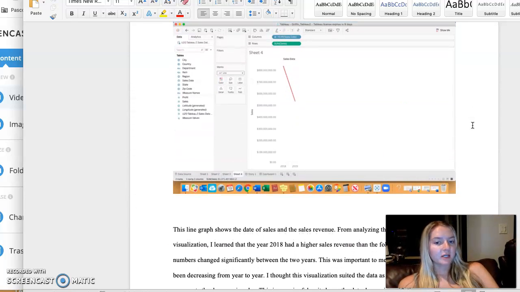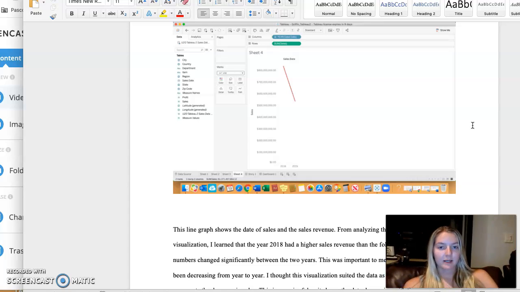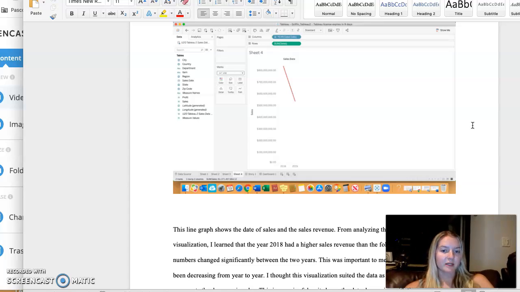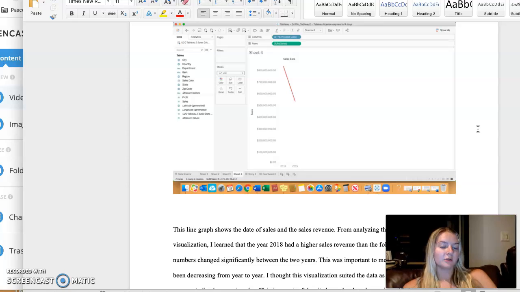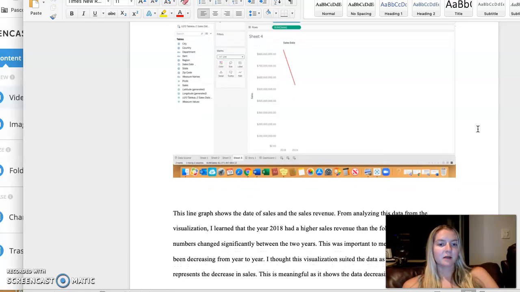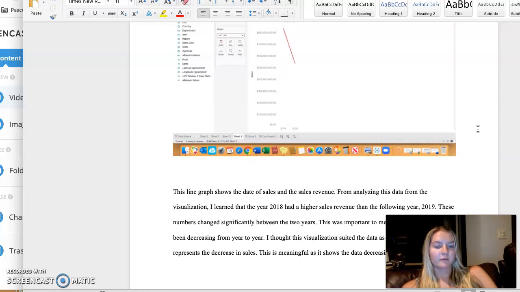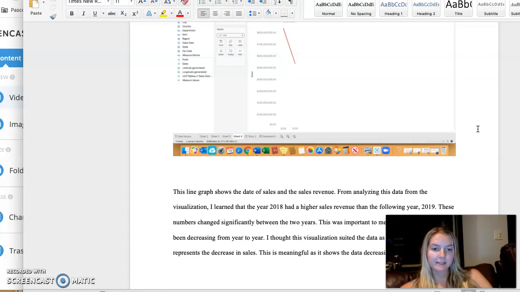For my fourth sheet, I chose a line graph, and this line graph shows the date of the sales and the sales revenue. So as we can see, it has 2018 and 2019 on the bottom, and then the sales on the sides. From analyzing this visualization, I learned that the year 2018 had a higher sales revenue than the following year, 2019.